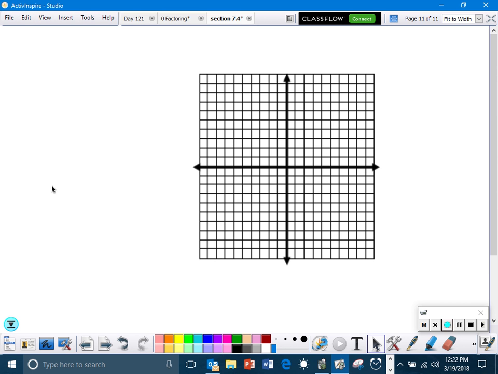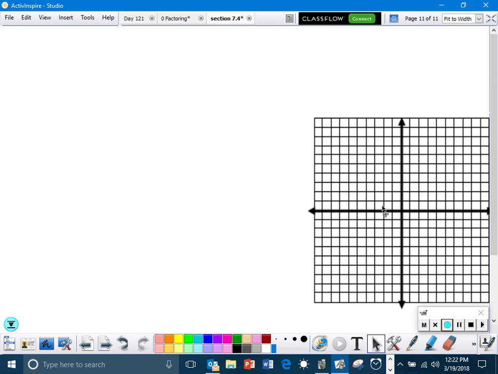All right, so I'm going to keep it the same, just keeping life simple here, keeping it the same base. Except this time I'm going to go log base 2 of x minus 5, minus 3.